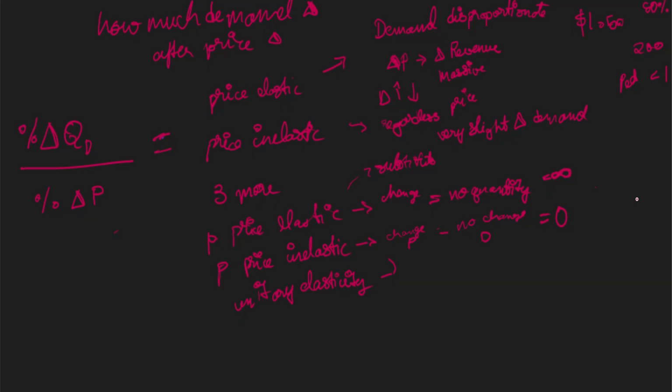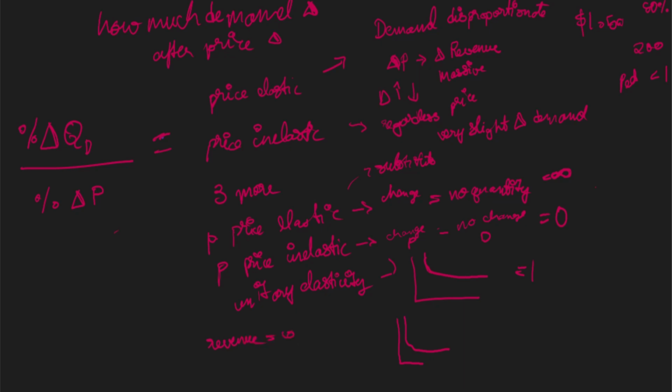Now, unitary elasticity is when it's exactly equal to 1. So what this says is the percentage change in demand is proportional to the change in price. So your graph would look something like this. We look at graphs later, but it basically looks something like this. The area, or the total revenue, is always equal.